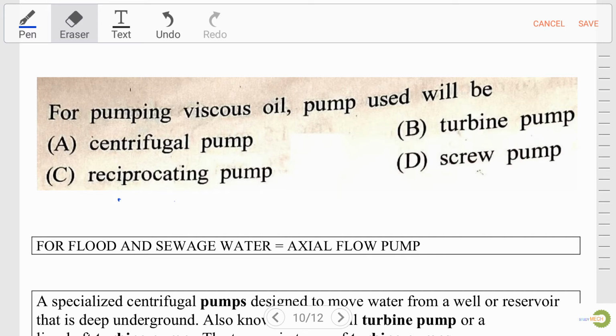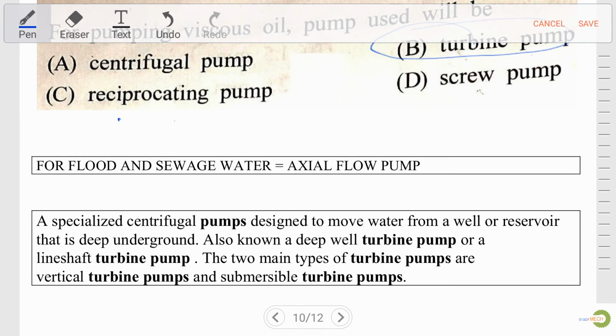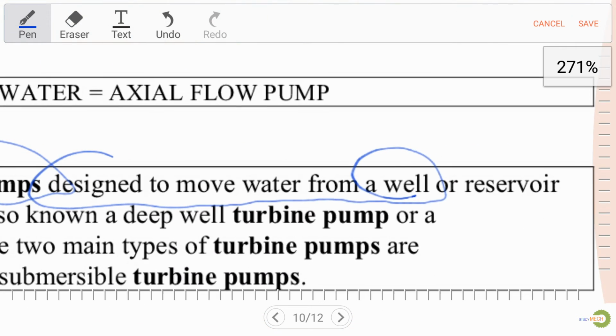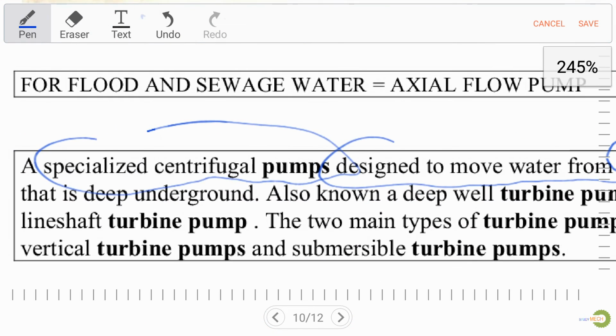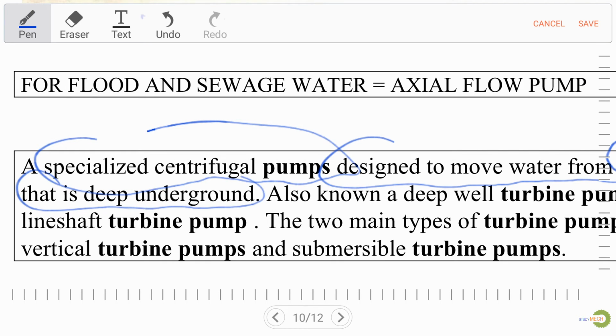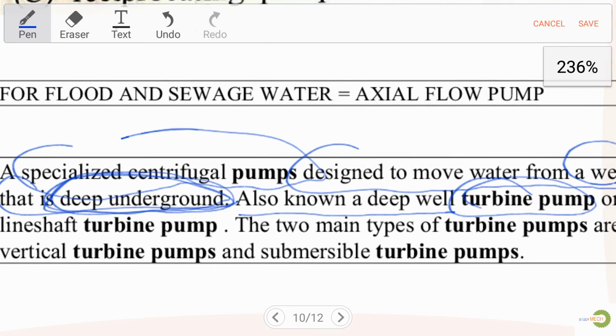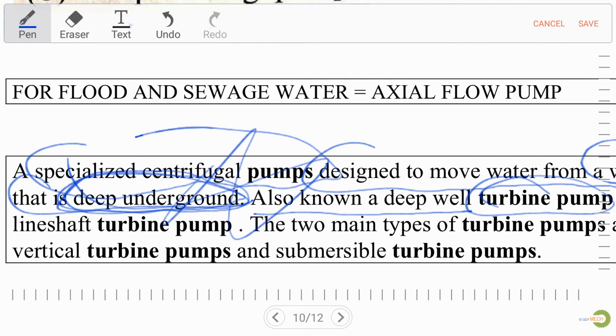Okay, now let's discuss the turbine pump. It is a specialized centrifugal pump designed to move water from a well or reservoir that is deep underground. Now focus on these words, deep underground. It is also known as a deep well turbine pump or line shaft turbine pump.